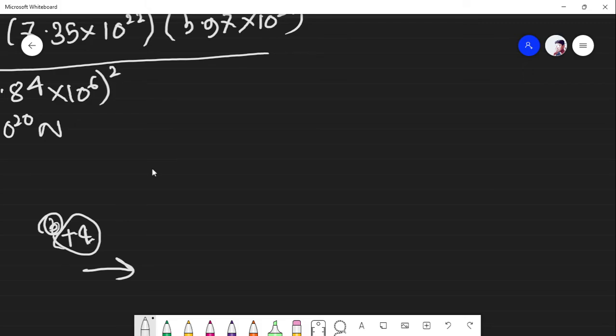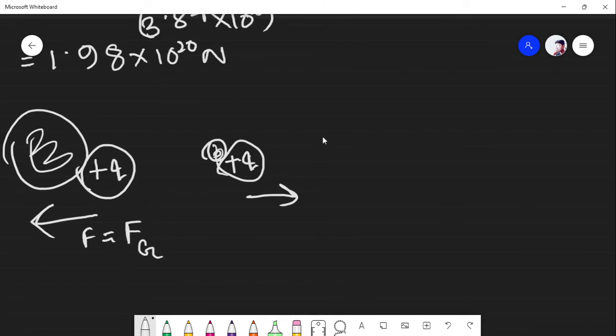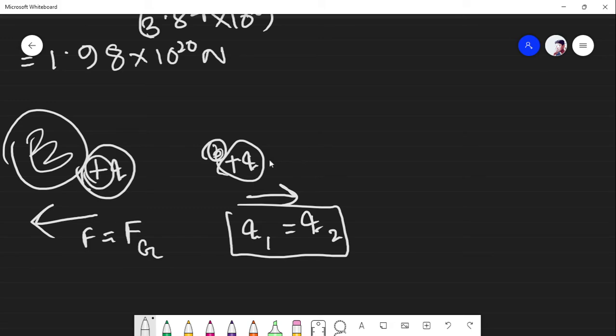Since both of the charges are the same, we can say that q1 is equal to q2, and we can denote both of them as q. You should add either both positive charge or both negative charge, because they will have to repel, right?